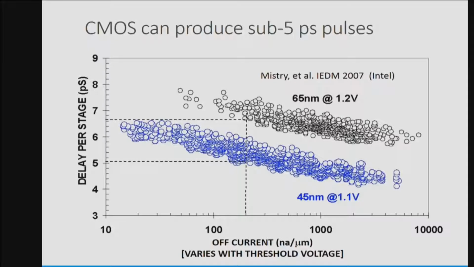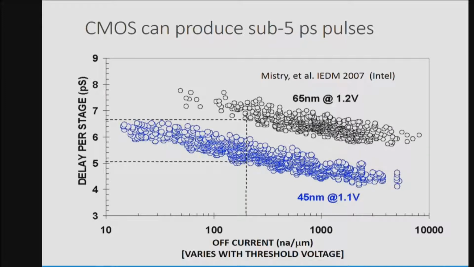But actually, in CMOS, the switching speed of CMOS transistors in advanced technologies today is in the picosecond range already. So here is published data. We saw this plot, I think on the first day, yesterday, from Paolo, showing that for Intel's 45 nanometer technology in 2007, the transistor switching delay was about 5 picoseconds.